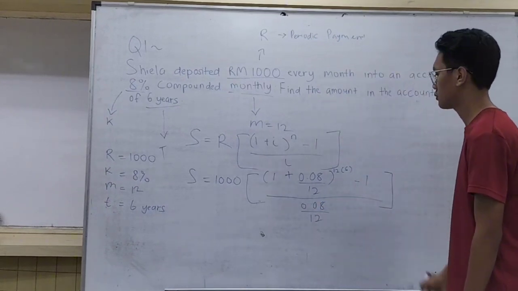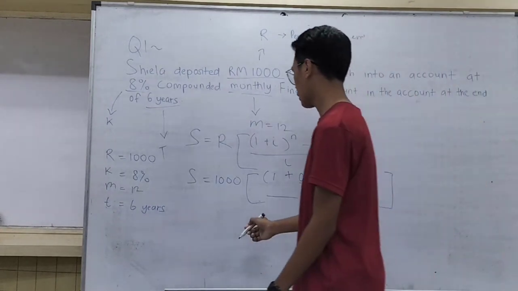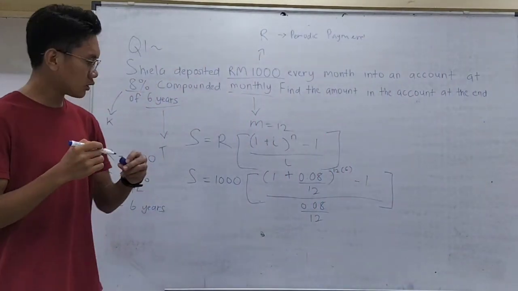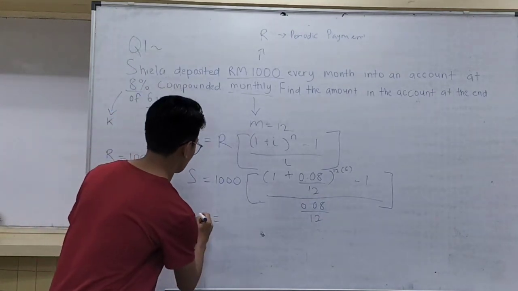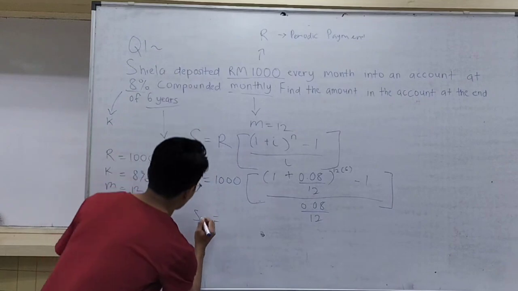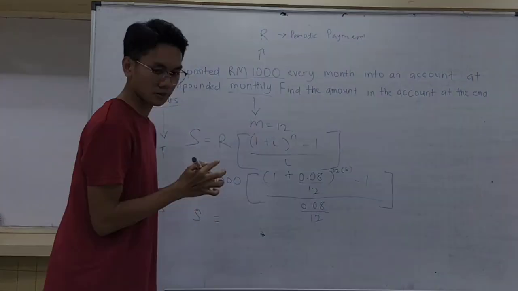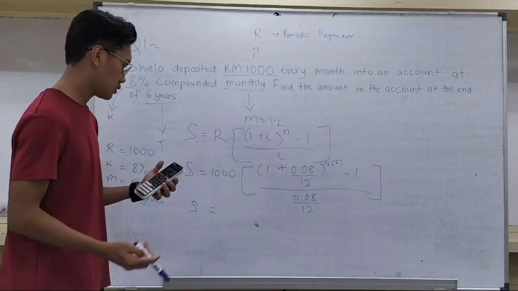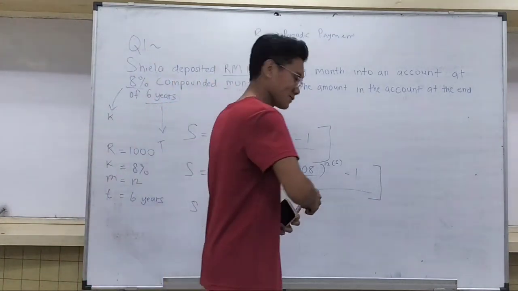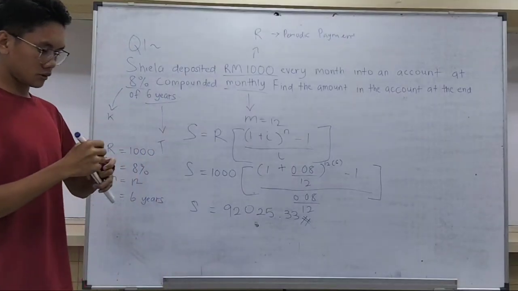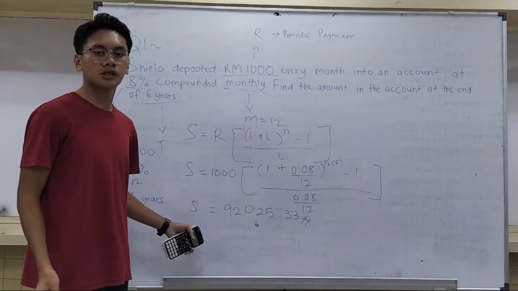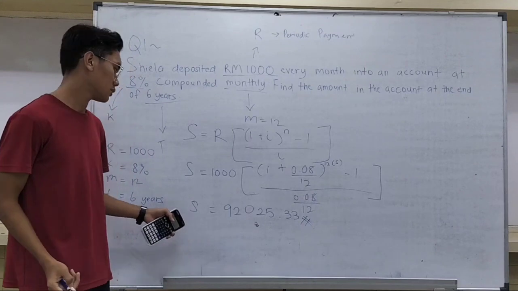Then close the bracket. So I need to calculate this first with my calculator. This is what I got. So this is the accumulated amount for question 1.